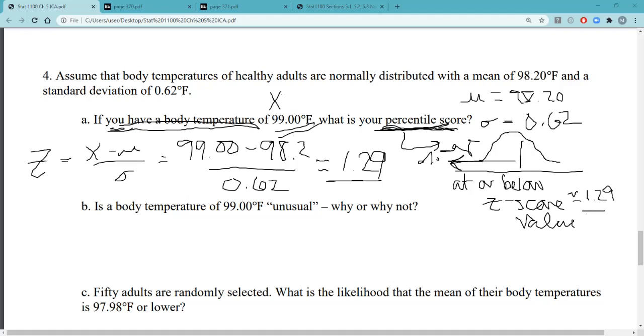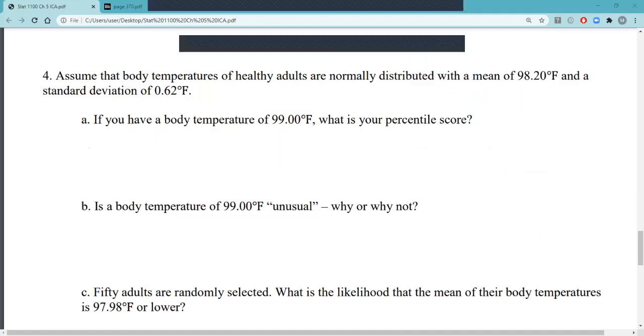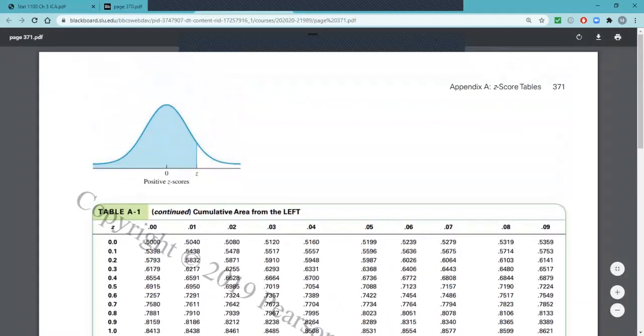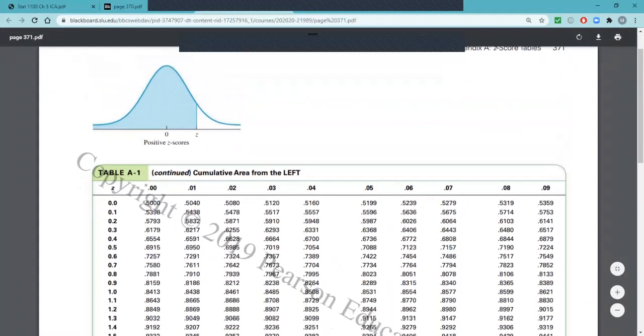So now we take this z-score and go to the table on page 370 or page 371. I'm going to clear this screen just to talk through using the table. I'm using this z-score of 1.29. Remember that the z-score tables tell us the percentage of data values that are at or below whatever z-score value we're using.